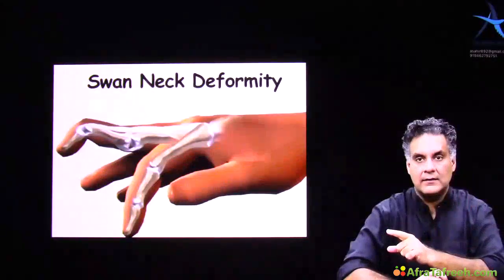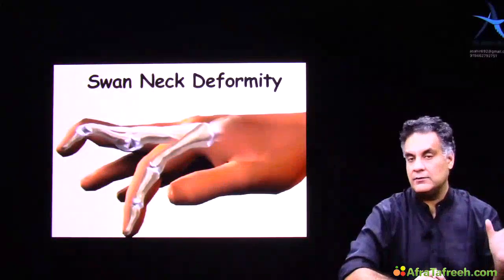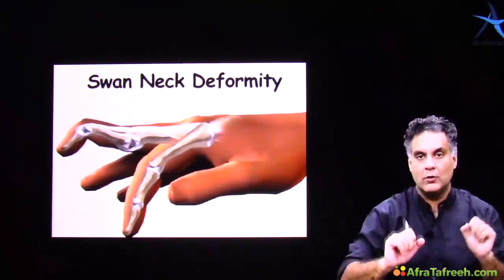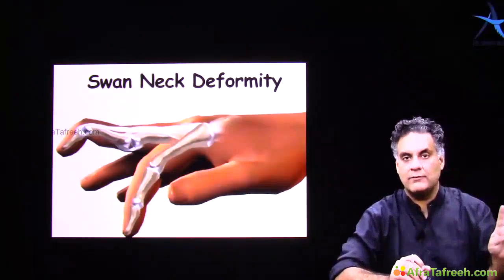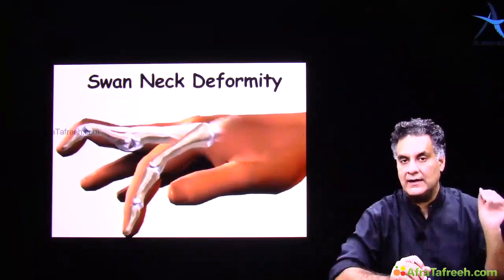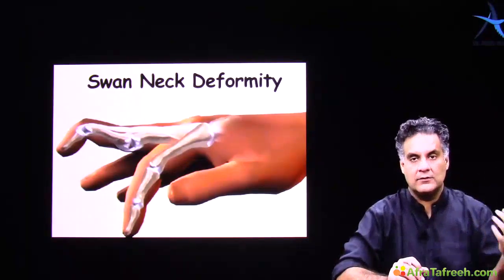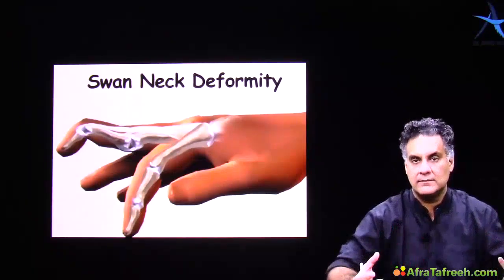In RA, you have two criteria, the 1987 and the 2010 criteria. Old is gold. The 1987 criteria has 7 points, and 4 out of 7 is RA. So you have morning stiffness more than 1 hour.